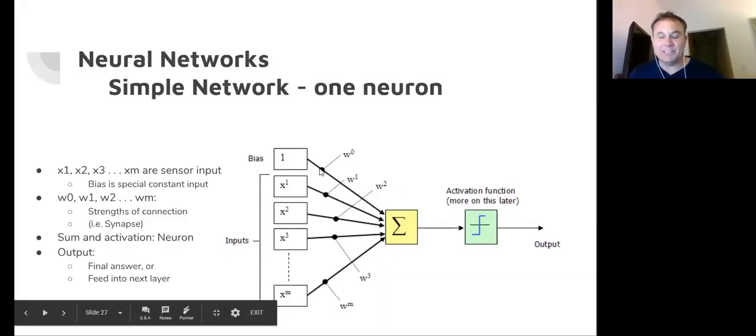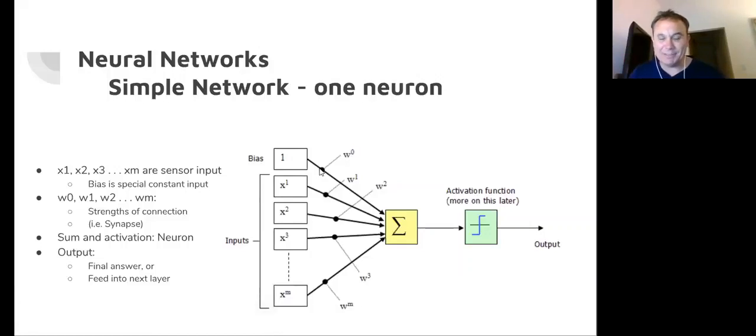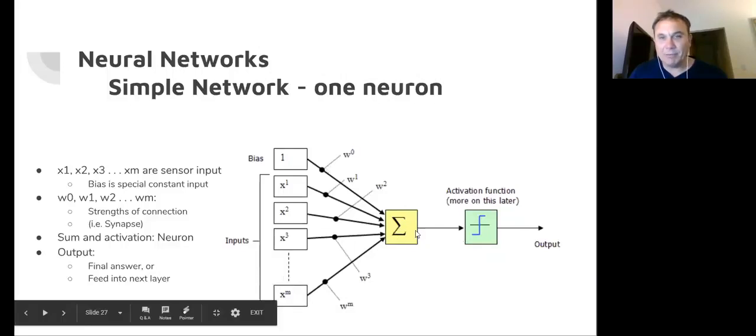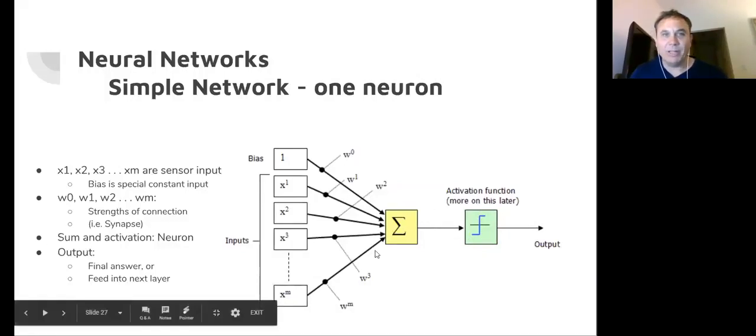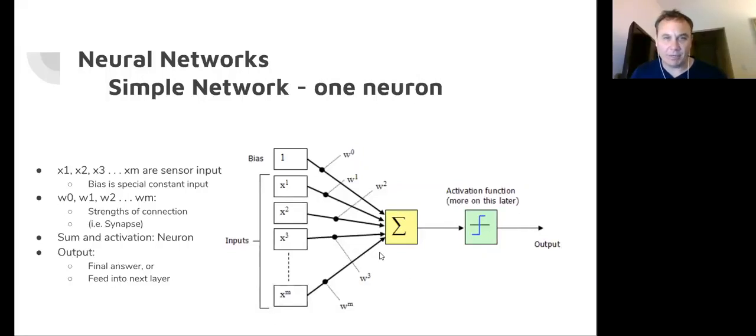Sorry, I have an electrical engineering background, so I think of modulating as multiplying. All right, so we're going to sum them all together, multiplying them, and then pass it through our activation function to get our output. So this is just another picture of a one-layer, one-neuron neural network.